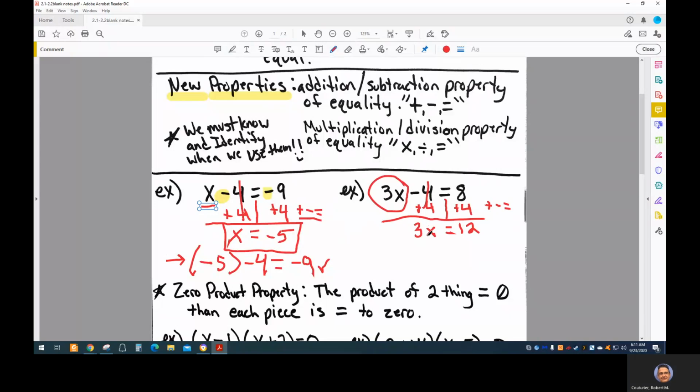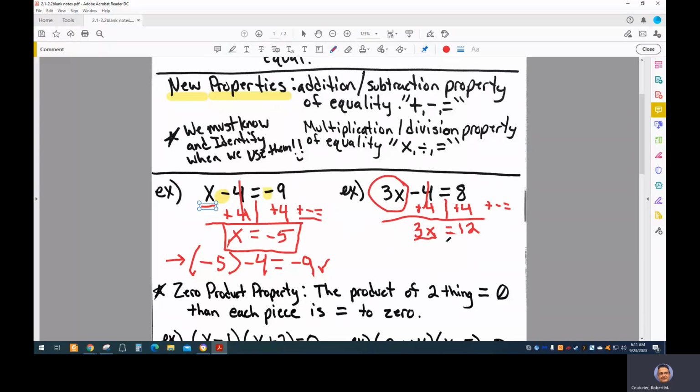It comes down. Now that everything else here is gone, now I can deal with this 3, and this is where like a 2-step kind of deal comes in. Okay, so I've done one step. Now I have to do a second step. How do I get this x by itself? While I look at it, what is this? What's happening with this 3 and this x? Right, they're being multiplied together.